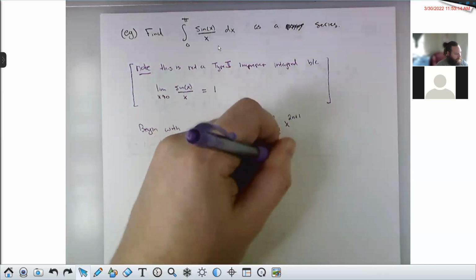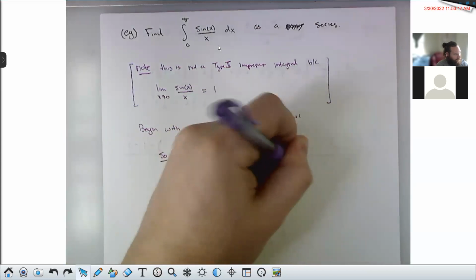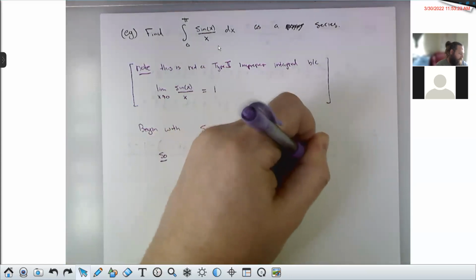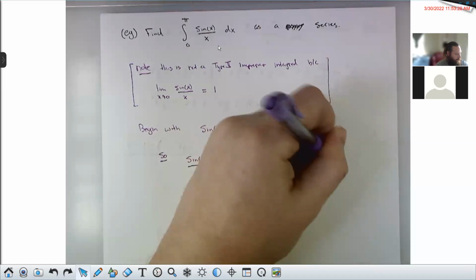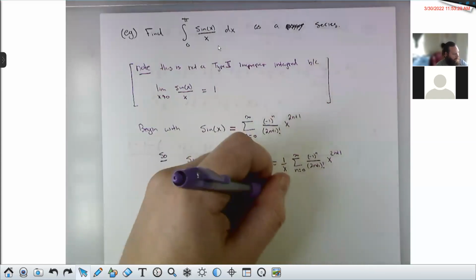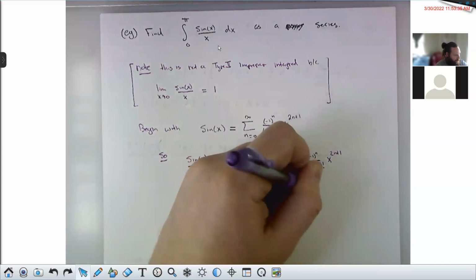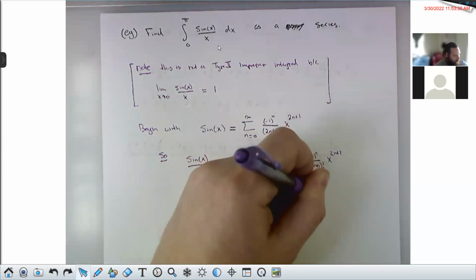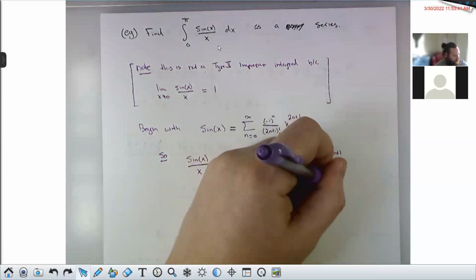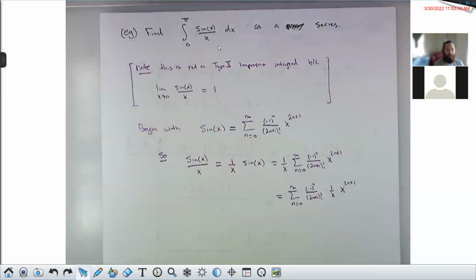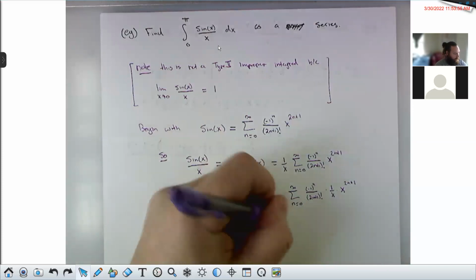So then if I plug in my series for sine, when I push this x inside, I have 1 over x times x to the 2n plus 1. Well, this is x to the -1 times x to the 2n plus 1.